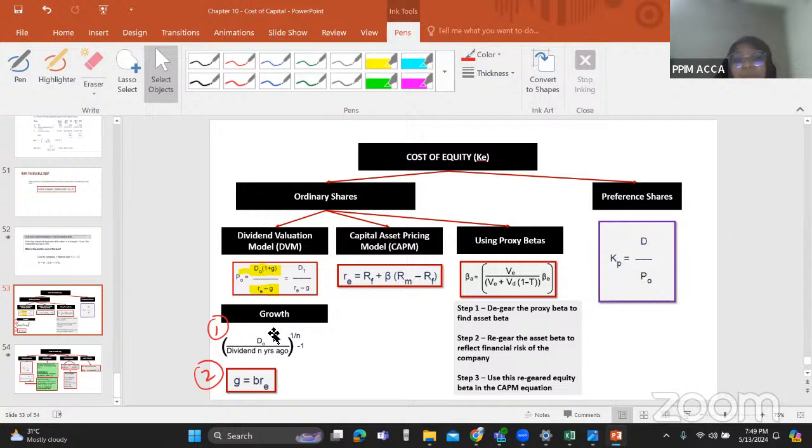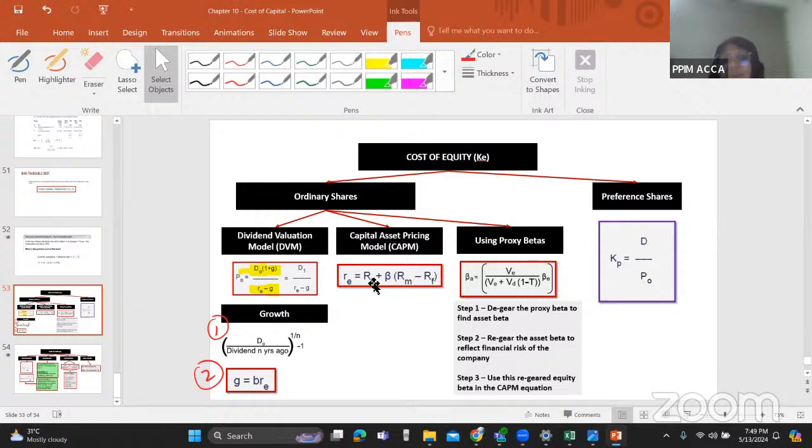Okay. Then when it comes to only cost of equity, there is another method that you can use. We call it the capital asset pricing model, CAPM. Okay. So there you have an equation where the cost of equity equals the risk-free rate. Risk-free rate means the interest rate that the government is paying on treasury bills, because that is the risk-free rate, right?